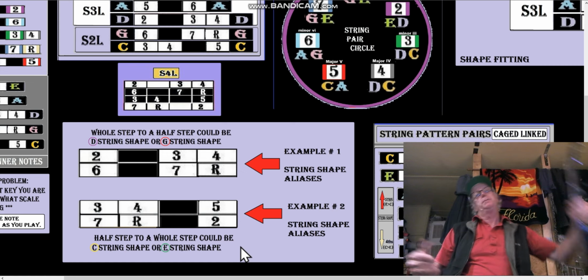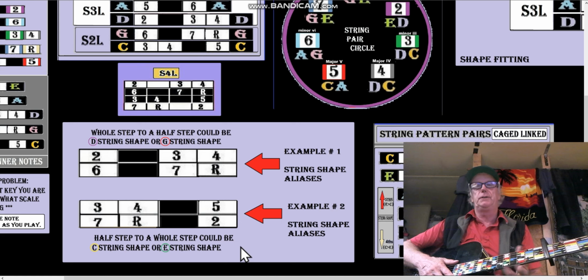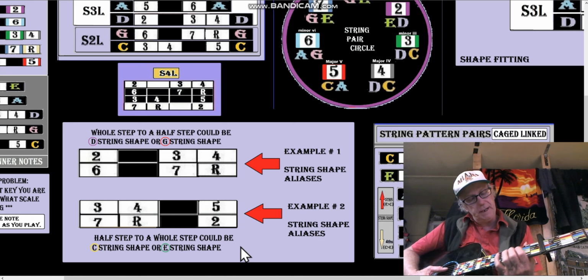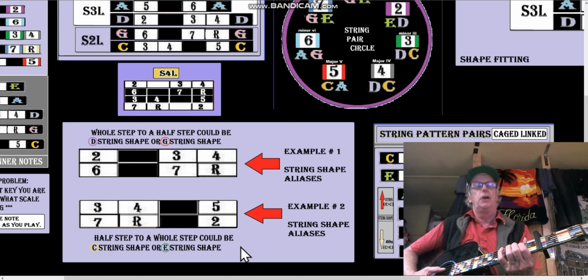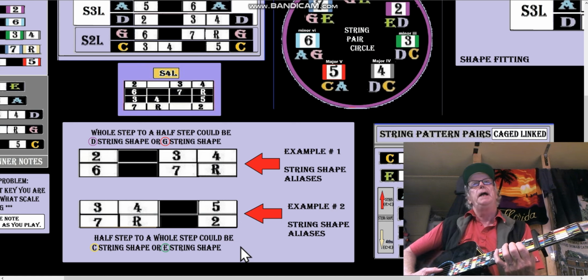So if you're playing along, somebody's playing some kind of a bass line or a rhythm thing, and you find out that this sounds good. You know, and you want to know, well, what key is he in?